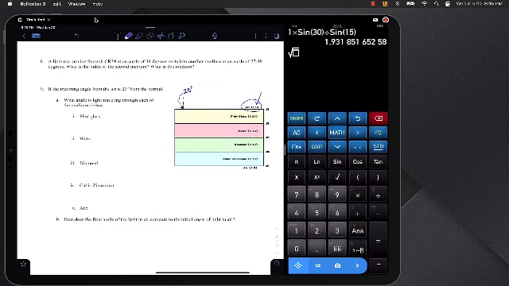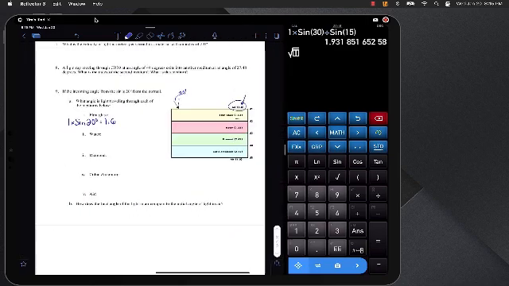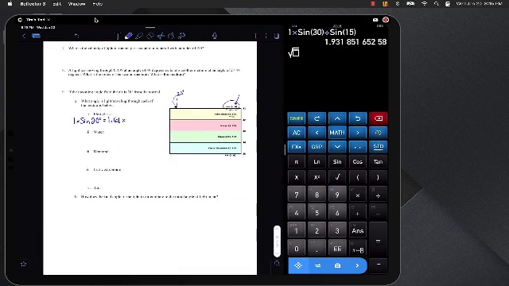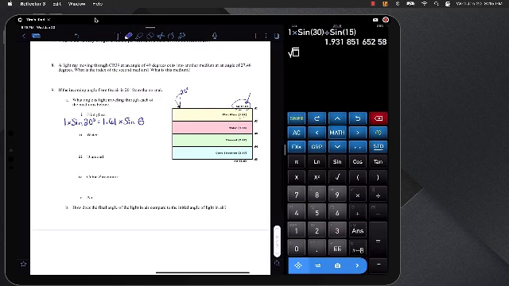So I will have for the first one, 1 times sine 20 equals, and then the index of refraction for the second material, the thing that it's going into, flint glass, is 1.61 times sine theta. We don't know what that is. All right, but I do know that since I'm trying to find the angle, I'm going to start with inverse sine.